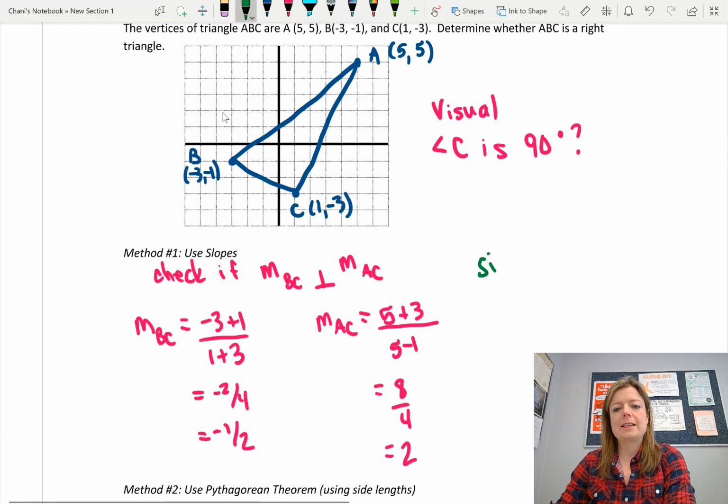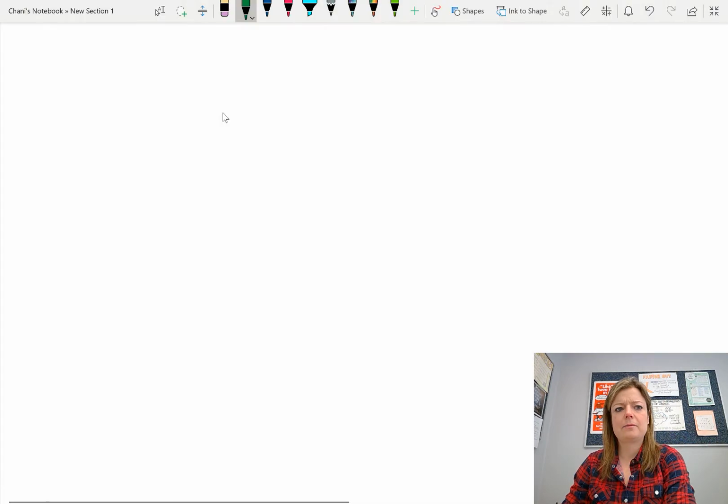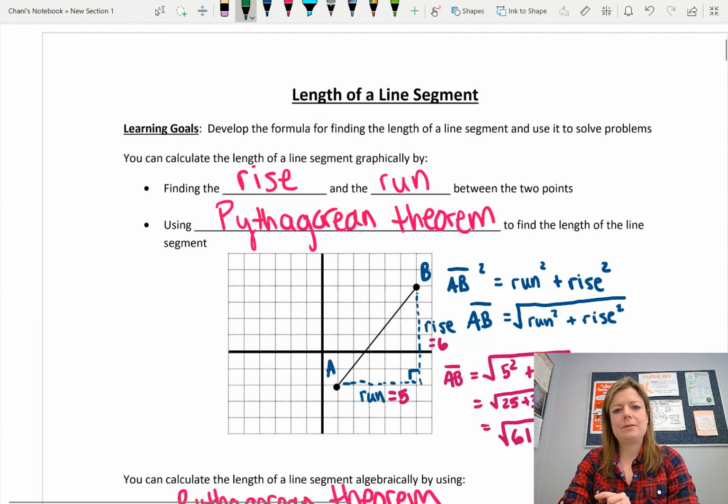So we're going to say, since m of BC and m of AC are negative reciprocals, BC is perpendicular to AC.